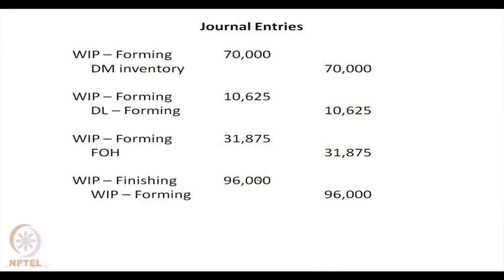So, 96,000 rupees will be debited to the WIP of the finishing department, but credited to the WIP of the forming department. So, I think this part is also fully explained.